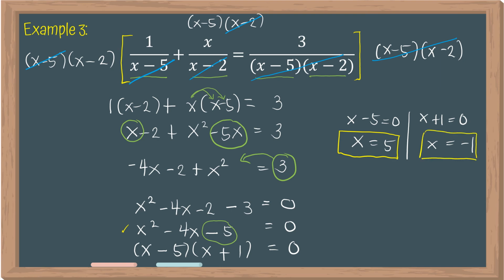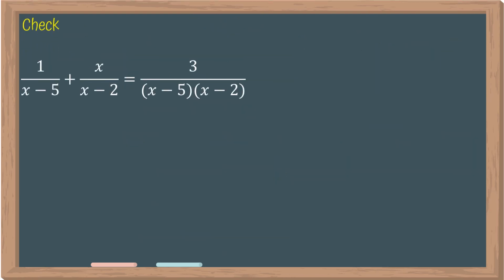Okay, so let us check our answers using substitution. Okay, so we have the original equation, and then we have our values for x na nasolve natin kanina. X is equal to 5, and x is equal to negative 1.